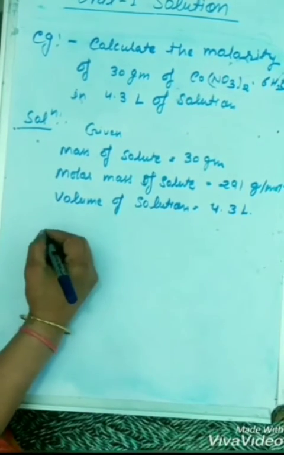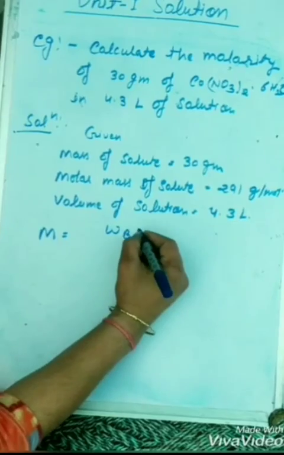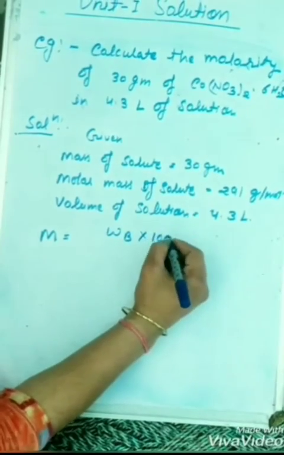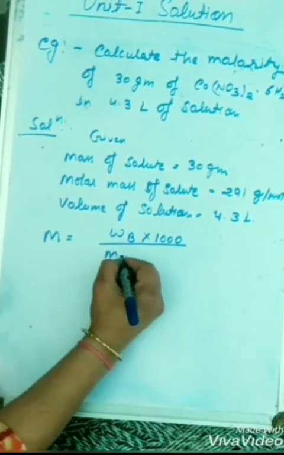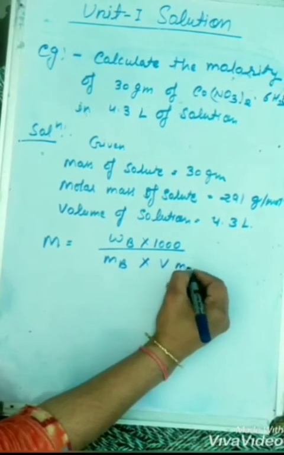Now the formula of molarity is WB into 1000 upon MB into volume in ml.